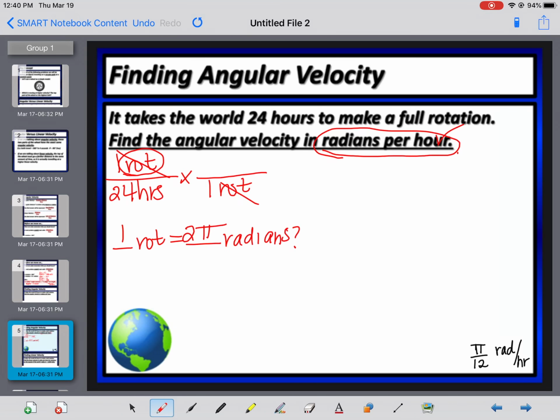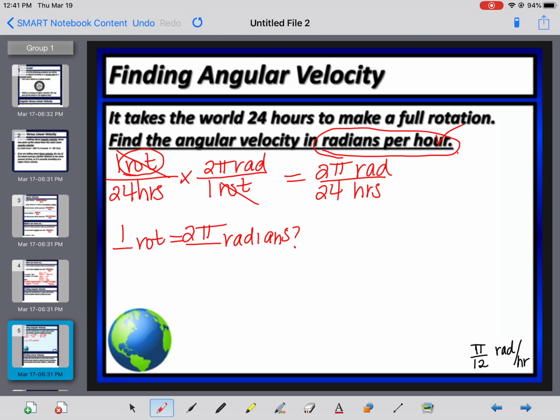The top and the bottom of every single fraction needs to be equivalent. So one rotation is 2 pi radians. Now I look at any of the units that I have not crossed off. Multiplying across the top, 1 times 2 pi, I have 2 pi radians. And multiplying across the bottom, I have 24 hours.